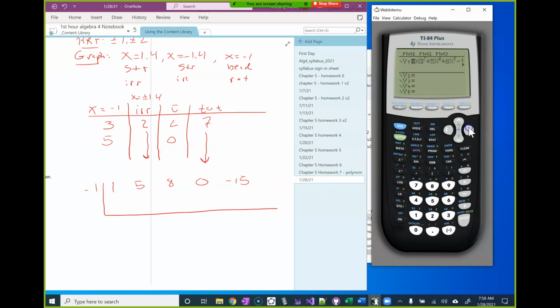But notice here that I included a 0 between the 8 and the negative 15. Why did I do that?